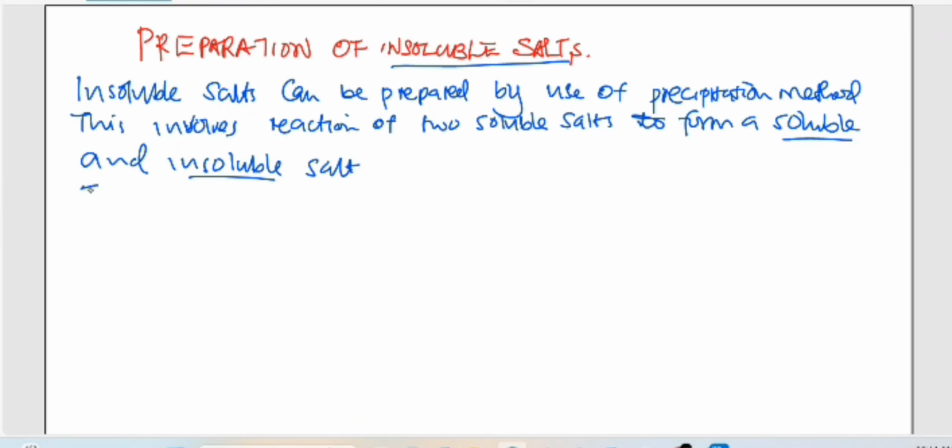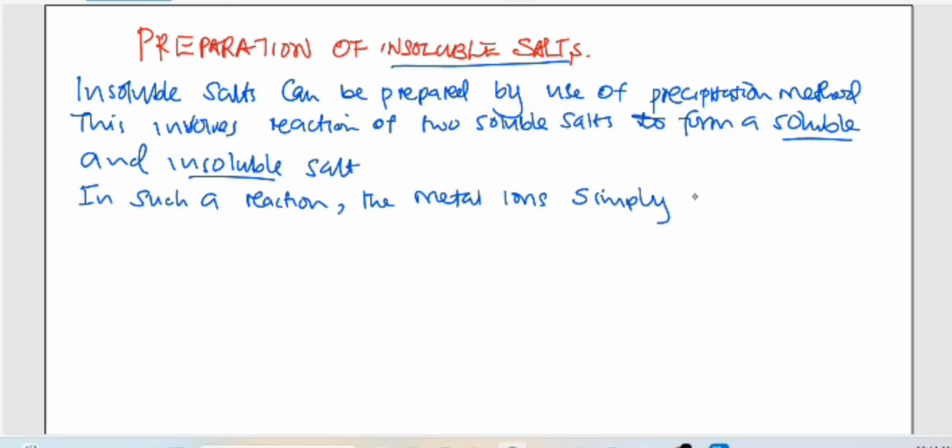So in such a reaction, the metal ions simply exchange their anions.